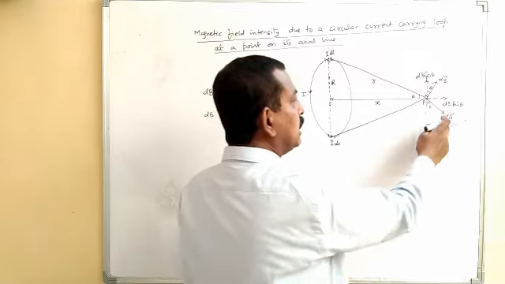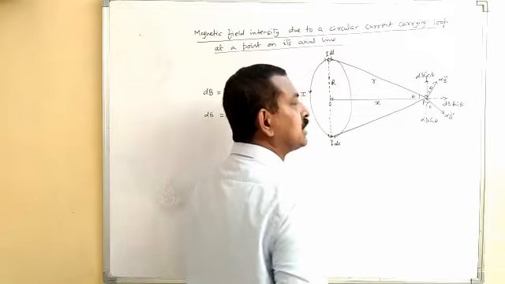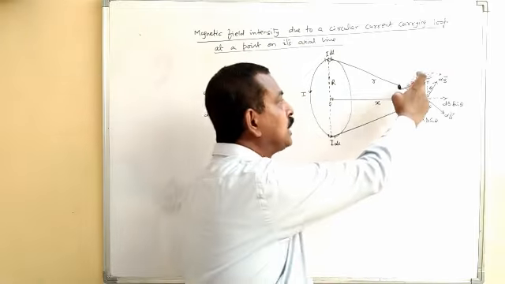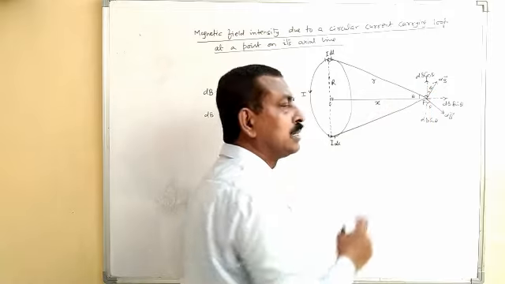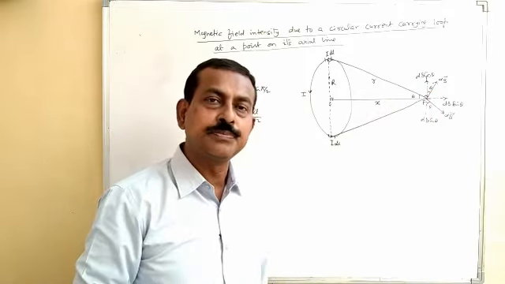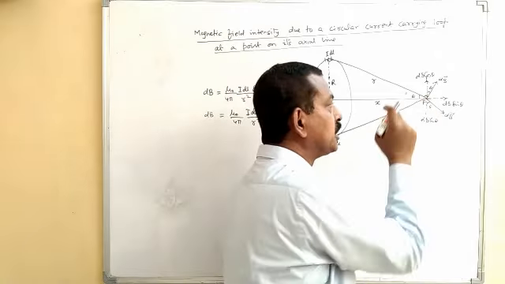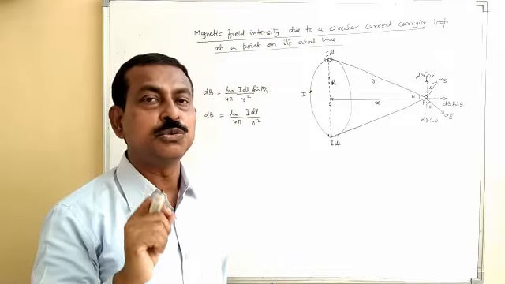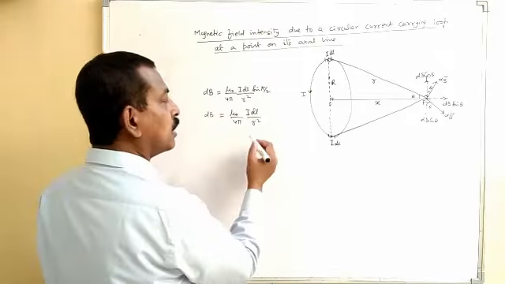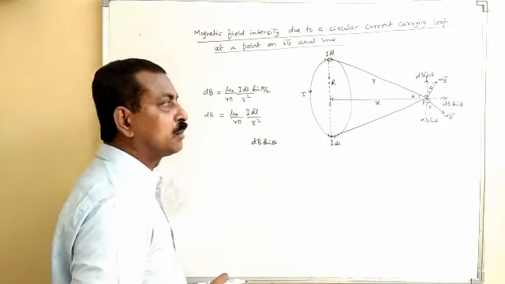If it is resolved, it is also dB cos theta and dB sin theta in the two directions. The dB cos theta components will cancel out one another because they are in opposite directions and equal in magnitude. So the net magnetic field at the point P will only be due to dB sin theta.